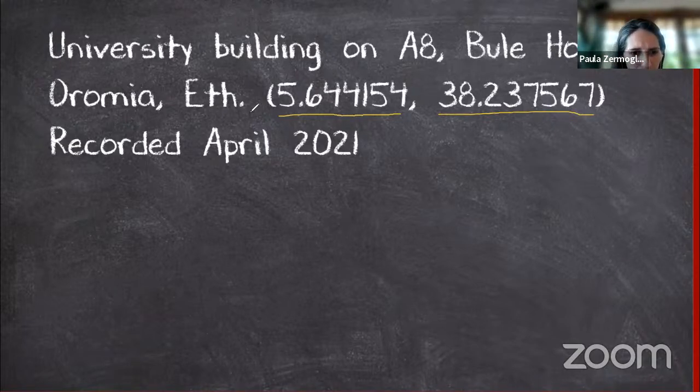Then we have university building on A8. Giles is suggesting to put it in location remarks. Well, actually, university building on A8 is the actual location. It's the most specific part of the location. It's telling us the location is at the university building on the A8, which is a route, a road.